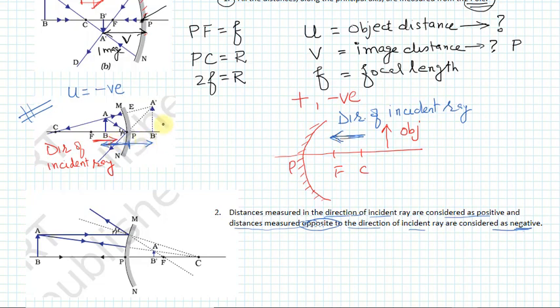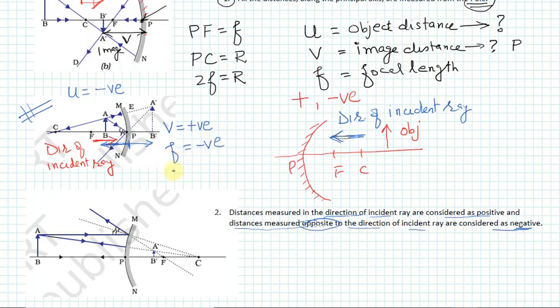So here image distance V is positive. Clear? And focal length F is on the opposite side of the direction of the incident ray. So here focal length is negative.